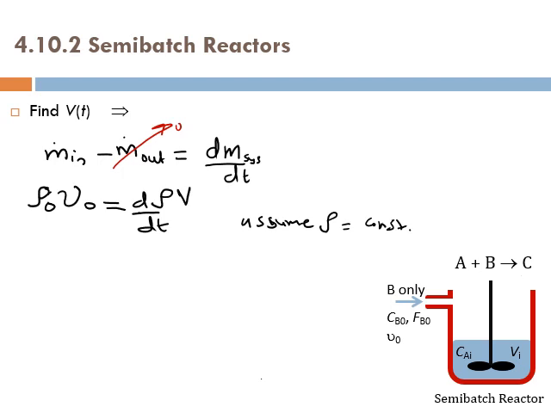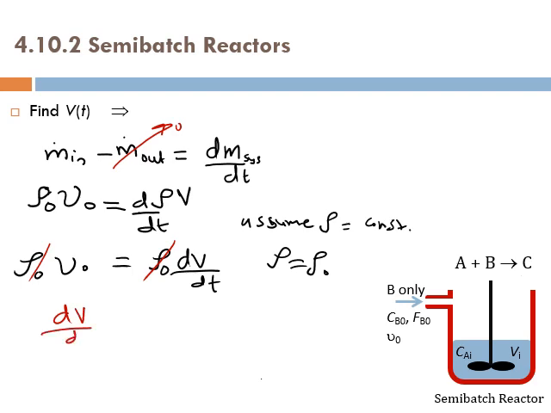Okay, so if we do this, then rho leaves the derivation. Let's also assume that rho equals rho naught, constant density system, as we say. So we can write rho naught instead of rho, and then we cancel out the rho, and then we have dV by dt equals epsilon naught.